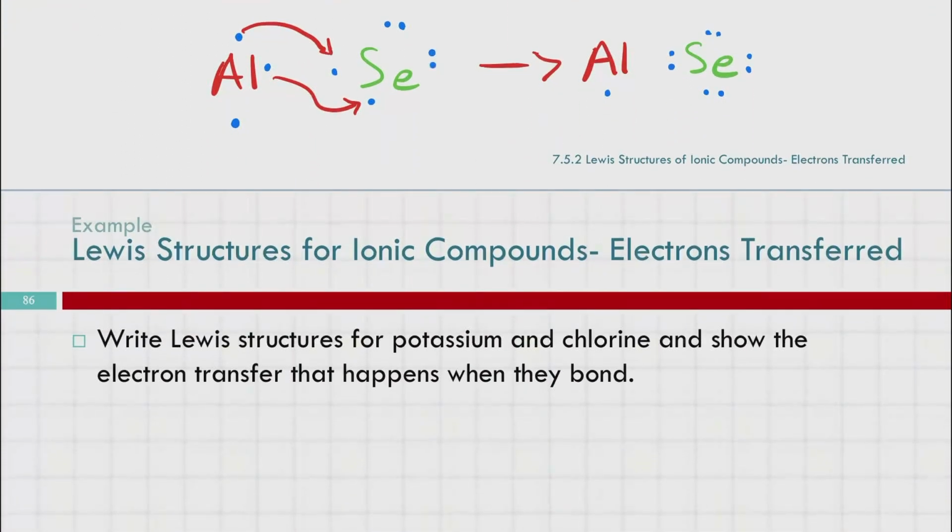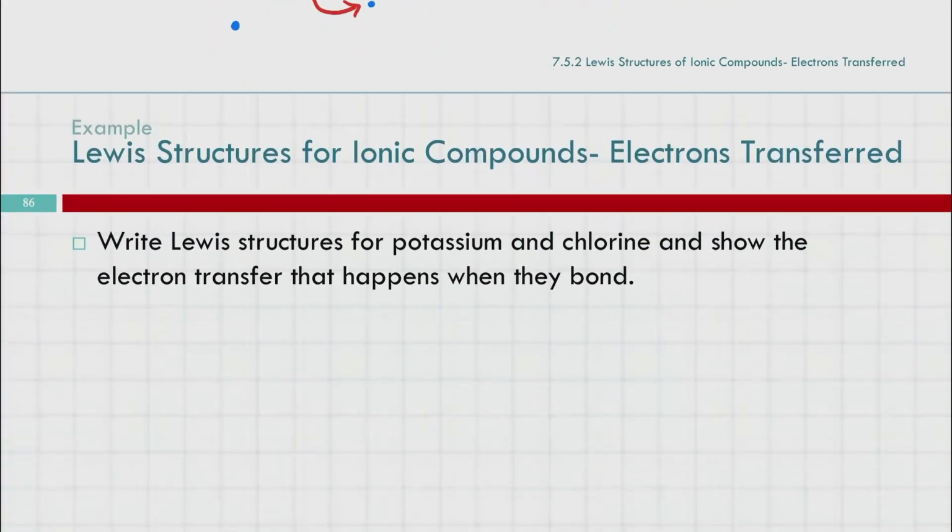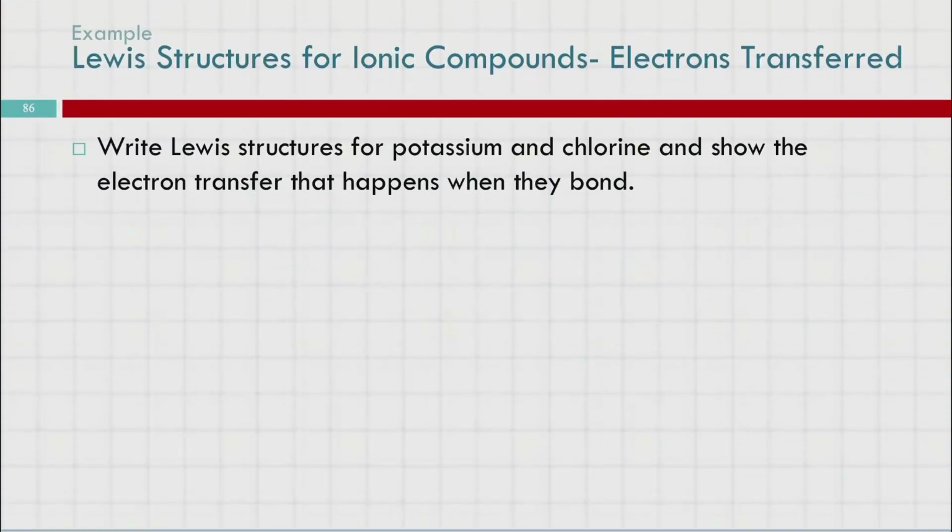Okay, this is an easier one actually. We're doing Lewis structures for potassium and chlorine, and we want to show the electron transfer that happens when they bond. So potassium, K, on our periodic table is a group 1 metal. Since it's in group 1, it's going to have one valence electron.